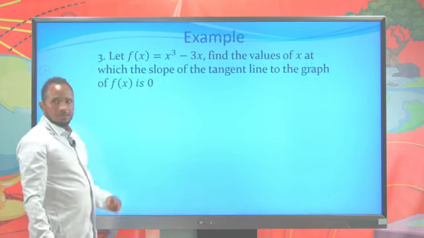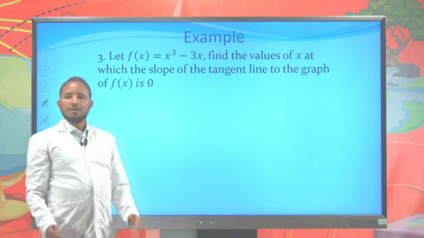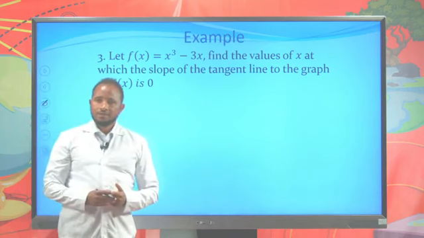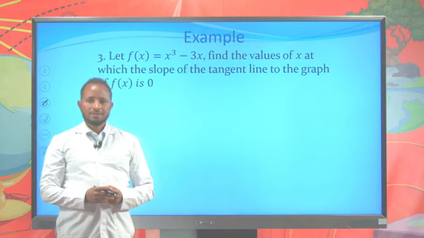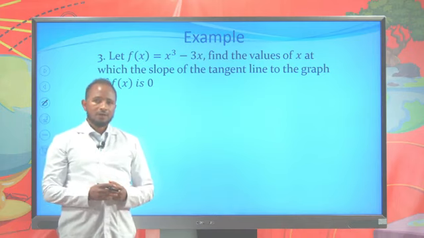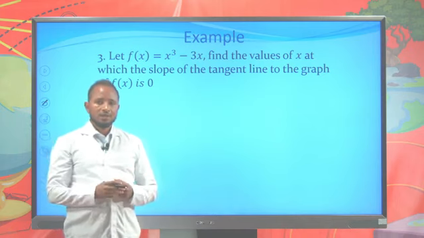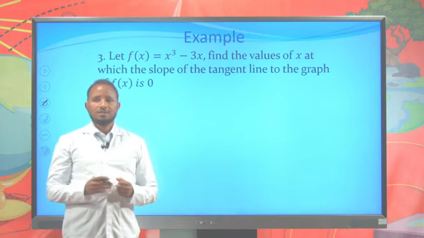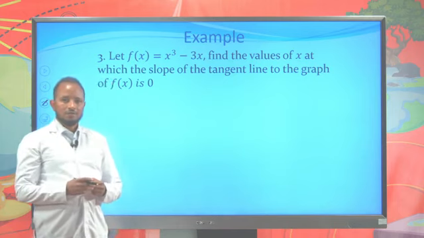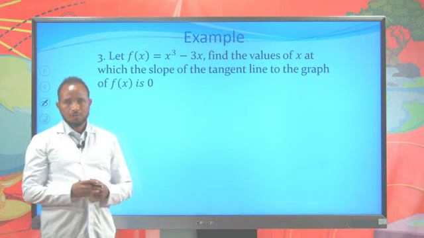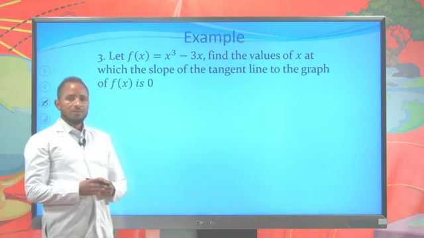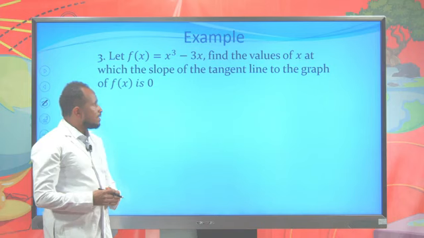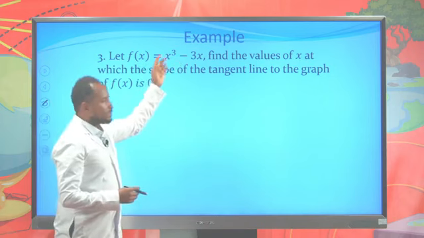Now let's see this example. Let f of x be x cubed minus 3x. You are asked to find the values of x at which the slope of the tangent line to the graph of f of x is 0. So the slope being 0 means the derivative of this expression is 0.